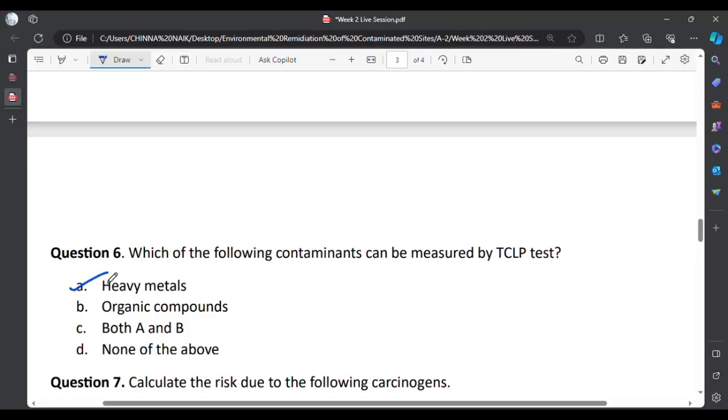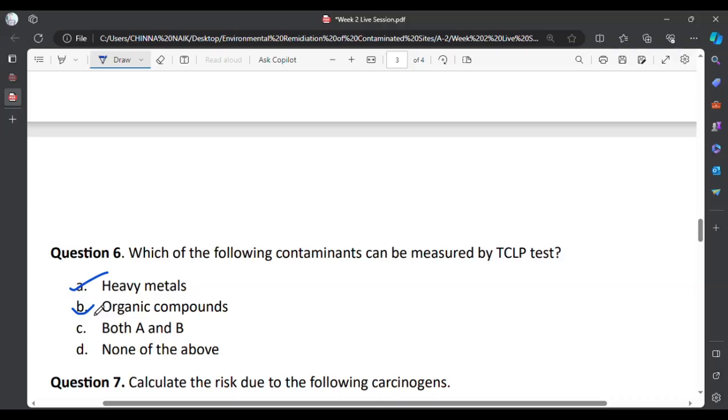For organic compounds, yes, because some toxic compounds are also present in organic form. So to measure the organic compound concentration in soil we also do TCLP, because in TCLP, whatever organic or heavy metal concentration is there in the soil leaches out into the liquid.